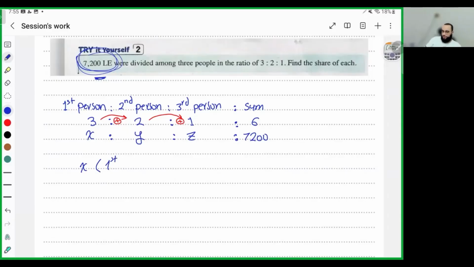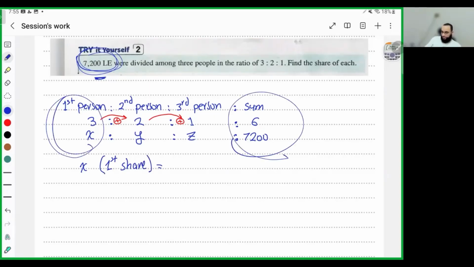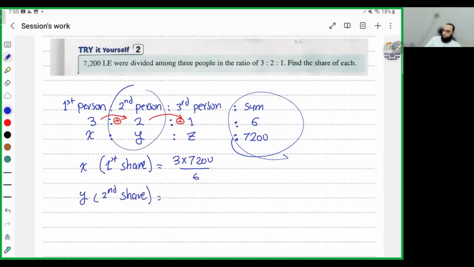Wait. Firstly, the first share, okay? So the first with the sum. What times what over what? 3 times 7,200 over 6. That's enough. The second share, wait a minute. This part with this part.